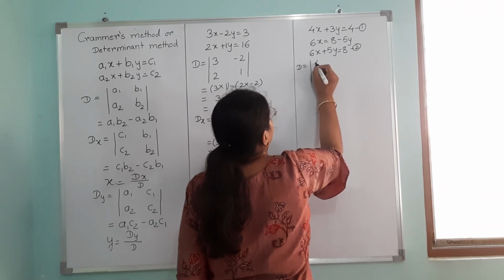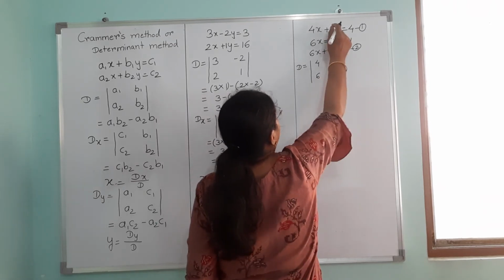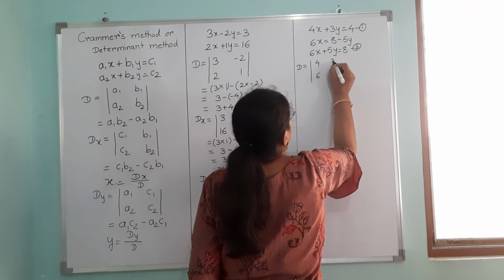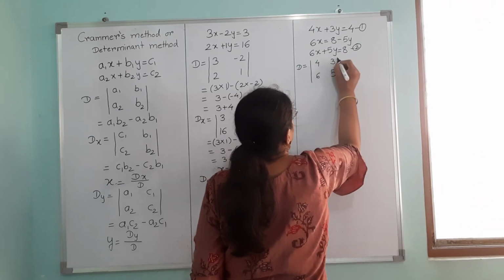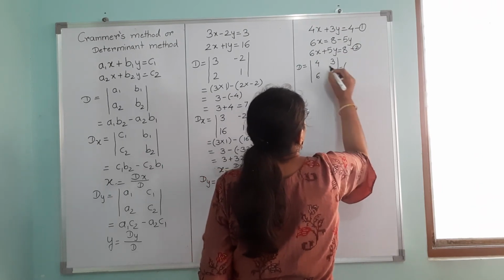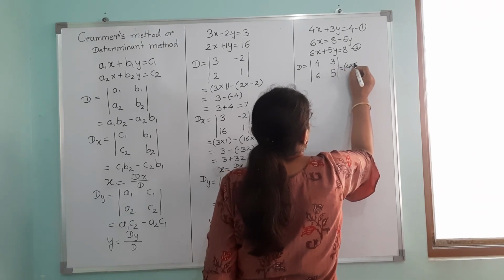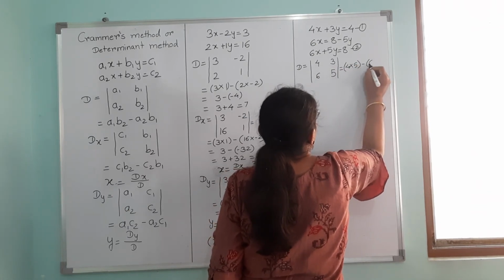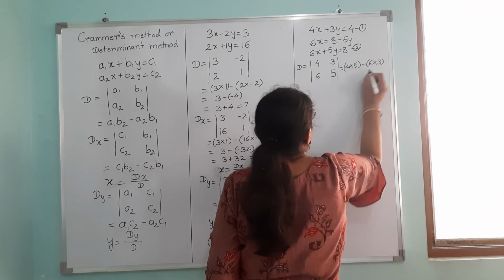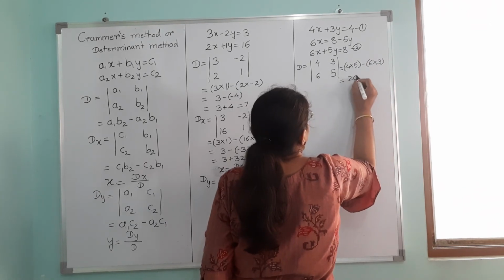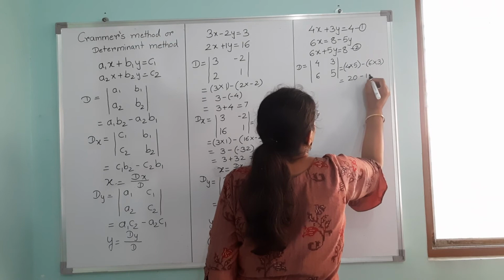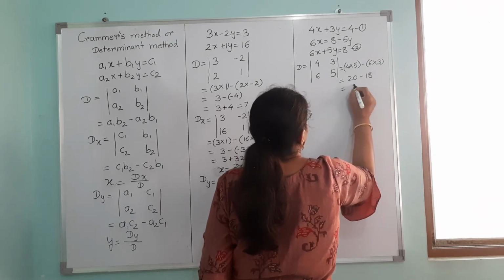That is 4, 6, and the coefficients of y are 3, 5. Let us find their value. 4 into 5 minus 6 into 3. 20 minus 18, that is 2.